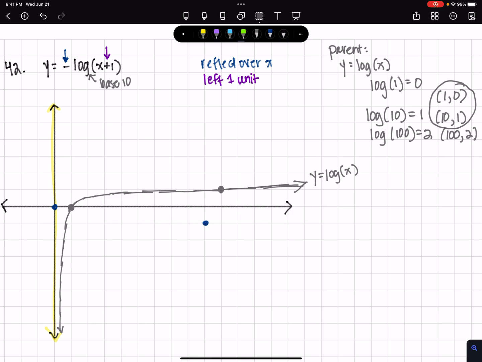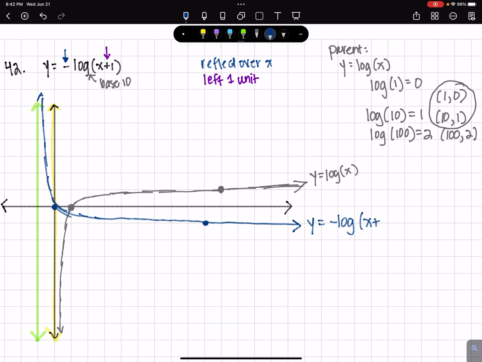And if you did number 41, you know that going left 1 is going to move that vertical asymptote to the left 1. And reflecting over the x-axis means this graph is going to come in like this, and it's going to curve down. And that's our graph. Y equals the opposite of log base 10 of x plus 1.